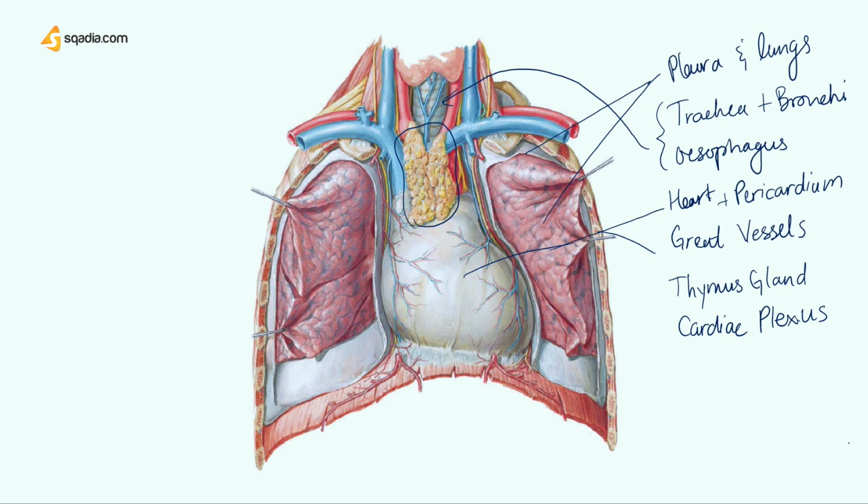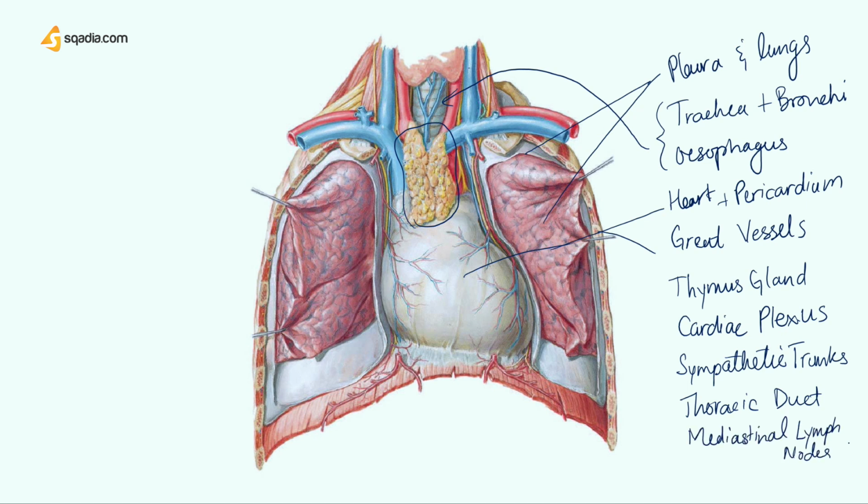So the sympathetic trunks, the thoracic duct, the mediastinal lymph nodes. Okay, there may be some more structures, so we'll talk about all of them in detail.